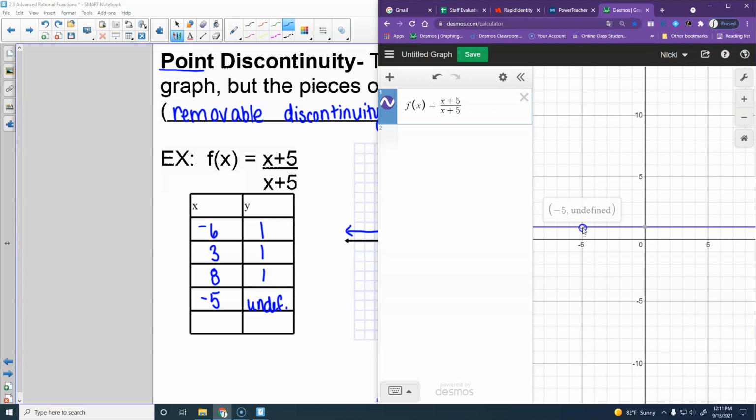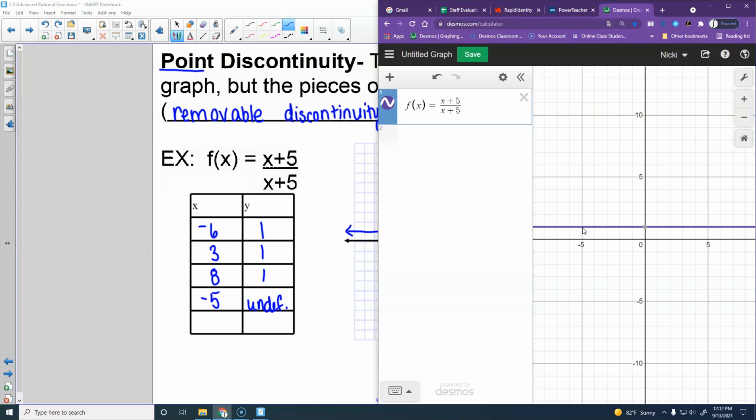So Desmos is not going to look like it's a hole, and the reason for that is at negative 4.999999, it still equals 1, right? At negative 5.00001, those points really, really close to negative 5, it still equals 1. It's only if x equals negative 5 at that point.